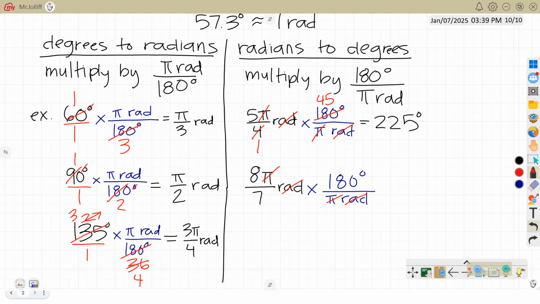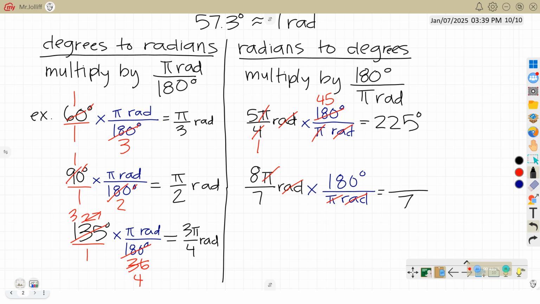Perfect. And then we look at the bottom and it looks sad because I've got a 7 down there, which is a prime number. Does 7 divide evenly into 180? No. Which means that I'm going to get a fraction answer that has 7 on bottom.